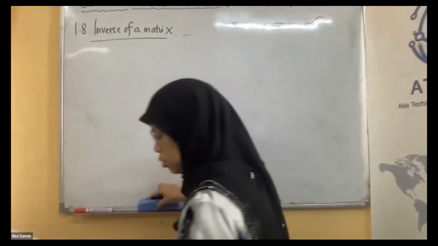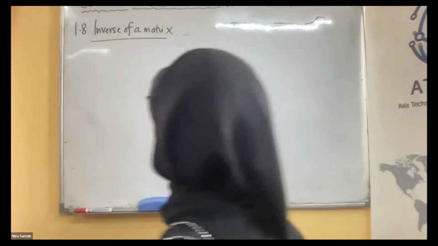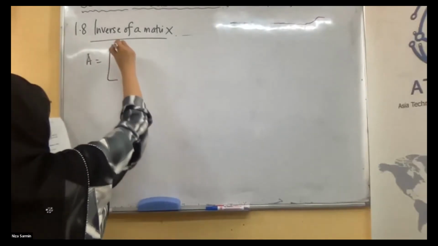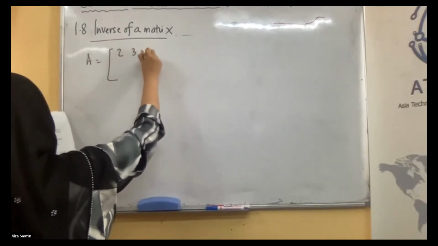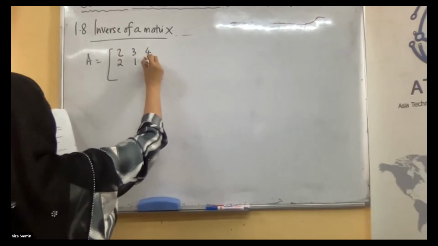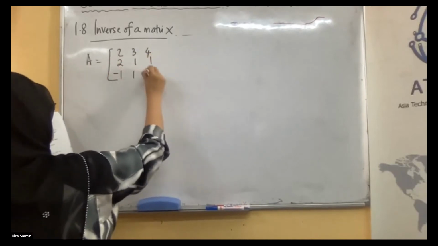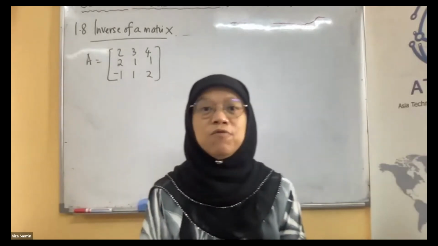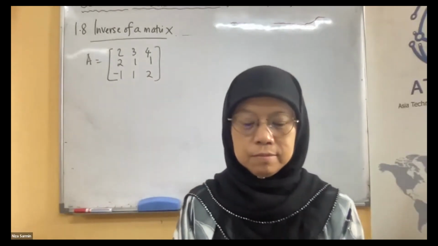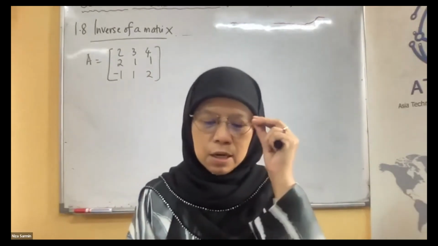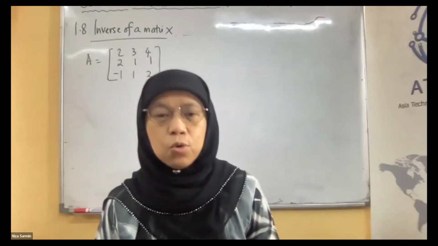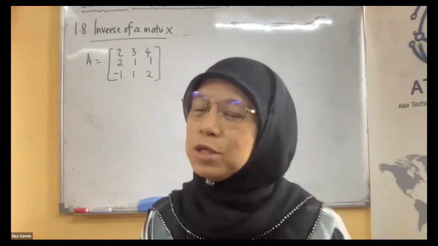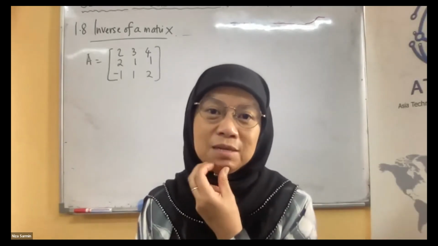All right, so we want to find the inverse of this matrix A: 2, 3, 4, 2, 1, 1, negative 1, 1, 2. Because the question is not on finding the determinant, you can use any method to find the determinant.